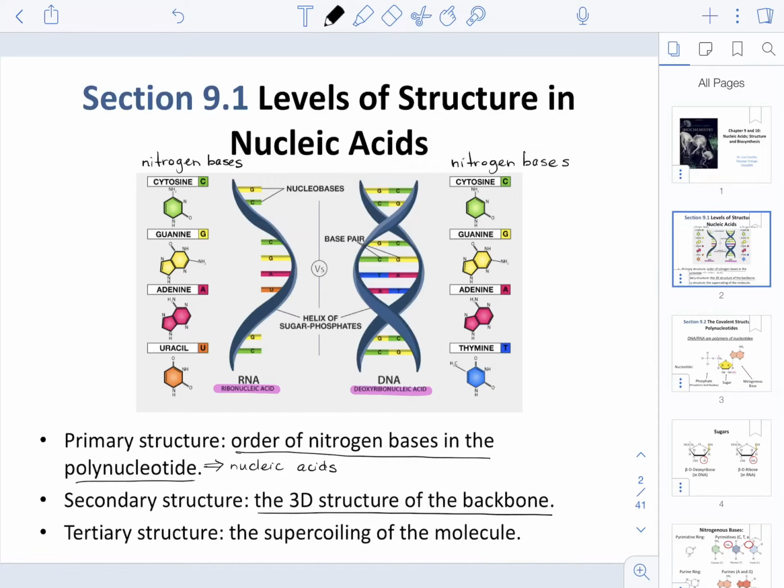The secondary structure for nucleic acids is the 3D structure of the backbone found in these nucleic acids. In the figure that we have on this slide, that is designated by this thick blue line. So RNA, because it's a single-stranded molecule, has one backbone. DNA, because it is a double-stranded molecule, has two backbones.